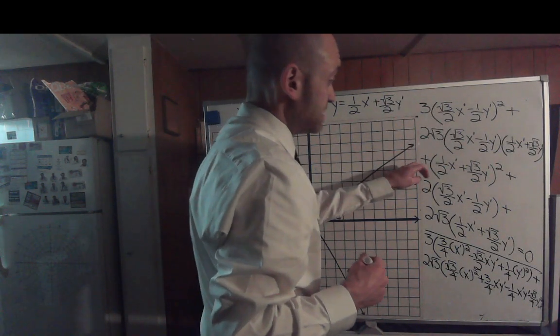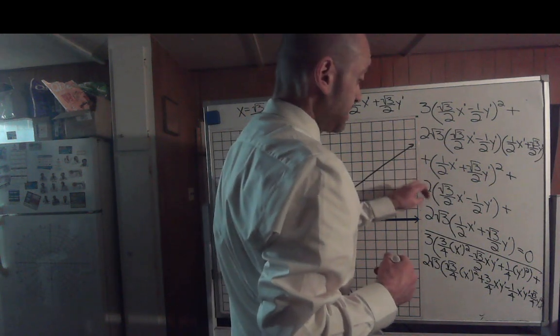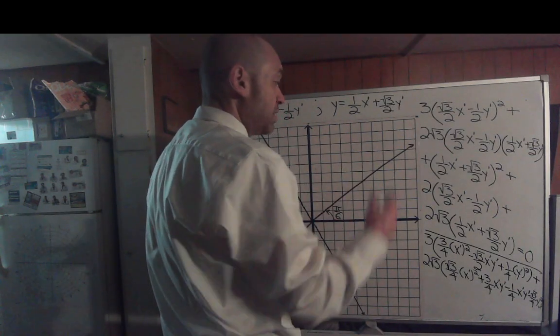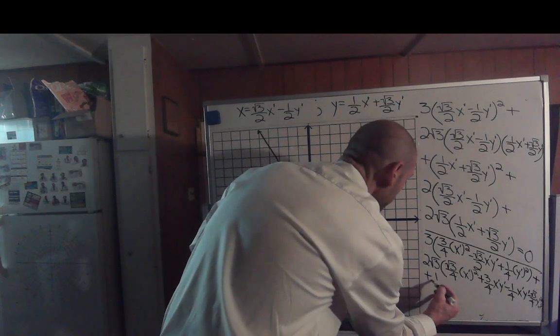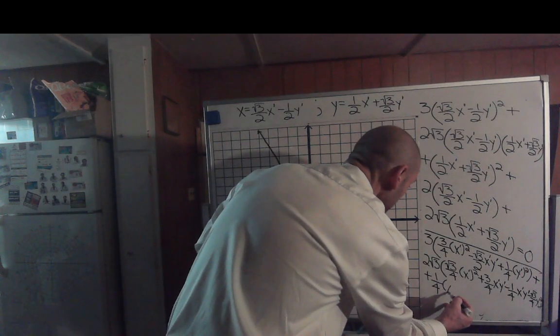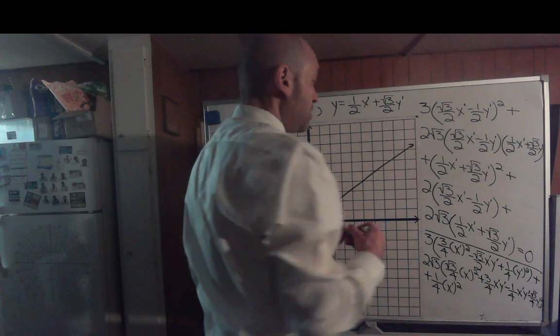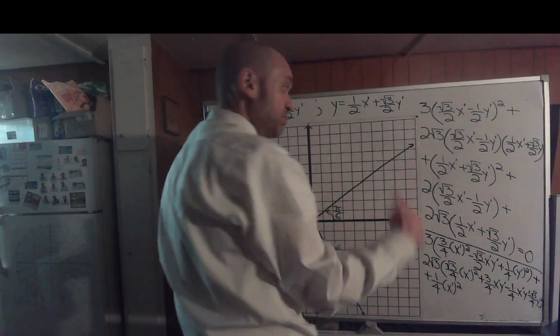Now I just still got to deal with these three terms. So if I square this, so 1/2 x prime squared, that'll be plus 1/4 x prime squared. Now multiply these two terms and multiply that by 2.